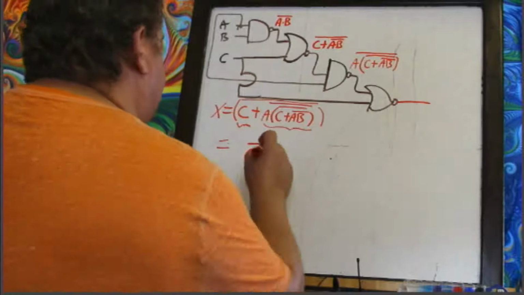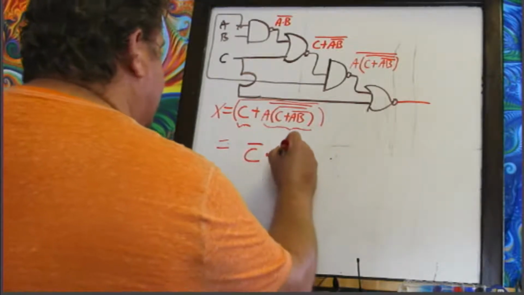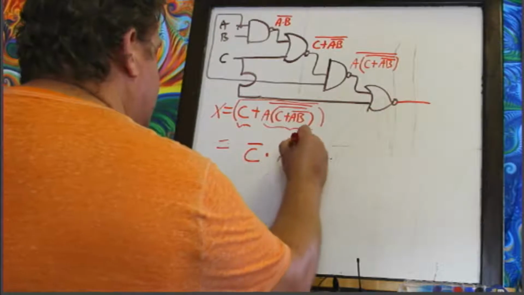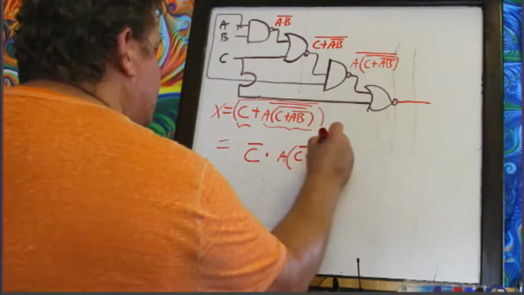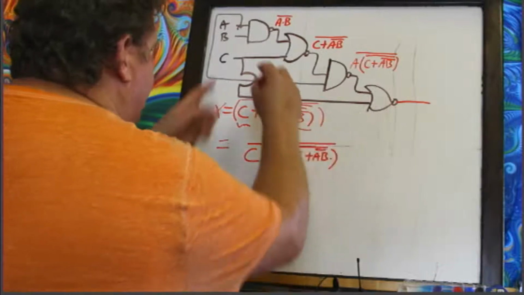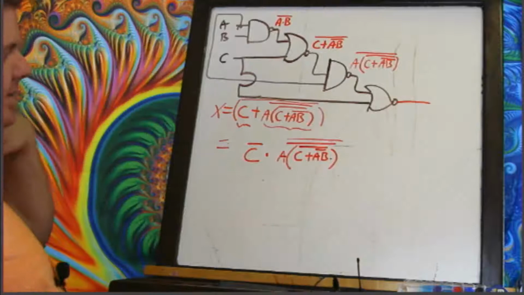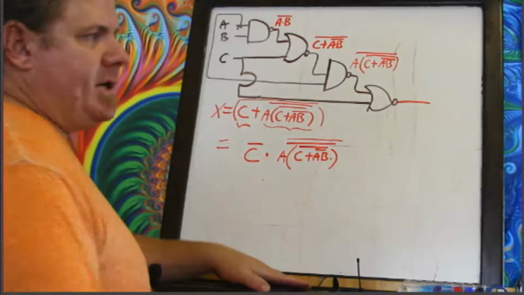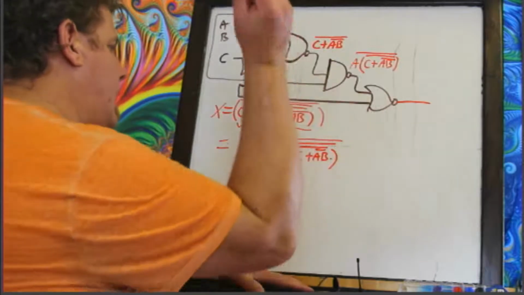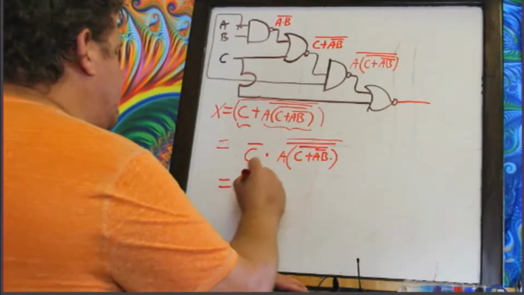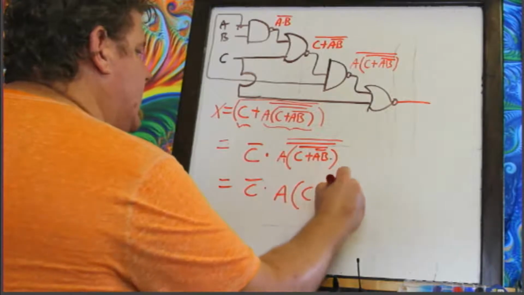Okay, so I've distributed. I've changed the sign, and now I write this: A times C plus AB, the whole thing, and now I have to break that and pull it over here. Okay. So I'm actually going to use the rules right now and say that the double bar I can get rid of. So now I'm going to rewrite this times C plus AB.